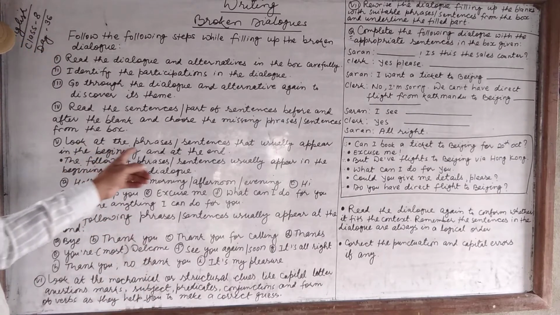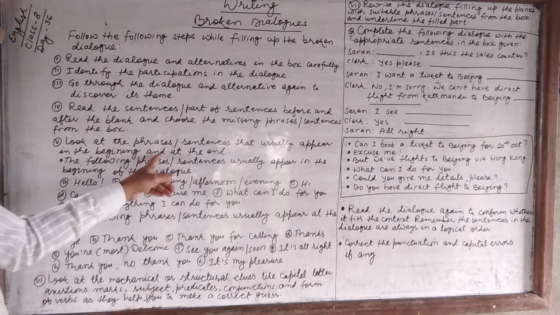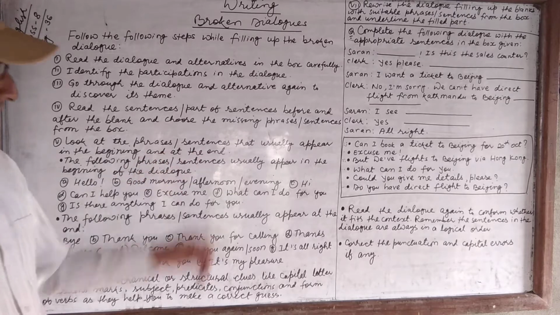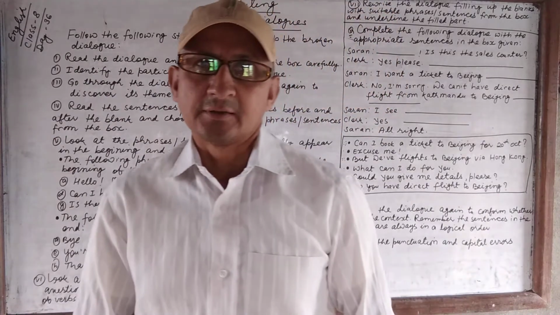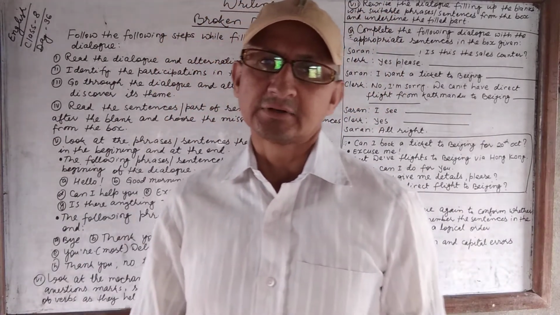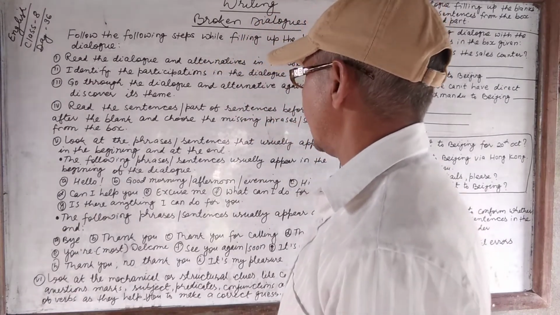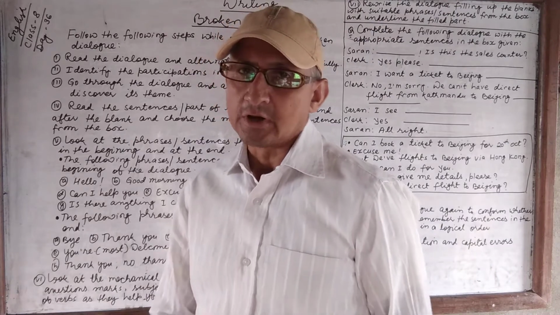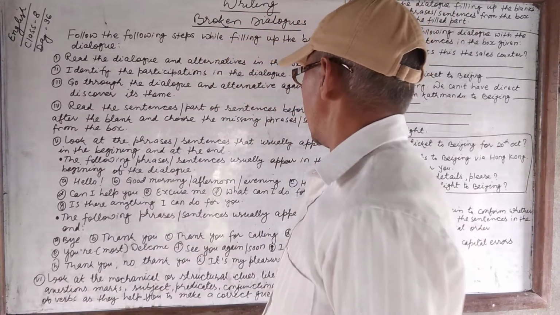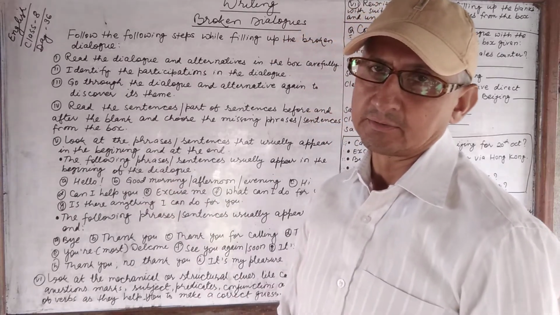Next is look at the phrases and sentences that usually appear in the beginning and at the end. There are some sentences, phrases, or words which appear in the beginning of the dialogue.